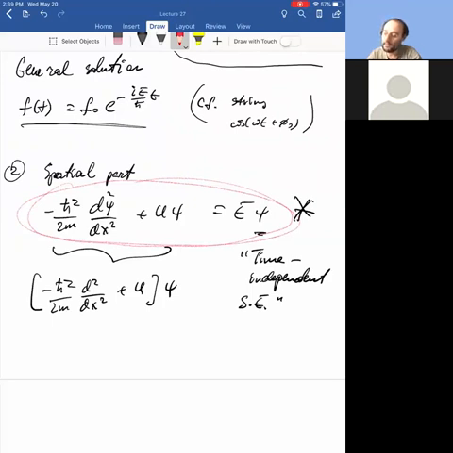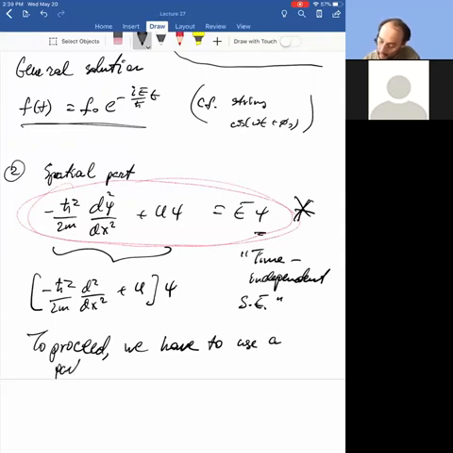Here's the big deal. We cannot proceed to solve this equation until I tell you what U is. Okay, so to proceed, we have to use a particular U. If we're solving mass on a spring, we have to use the harmonic oscillator U. If we're solving a hydrogen atom, we have to use the Coulombic U. If we're solving some kind of a nuclear problem, we have to use the U that describes the nucleus.